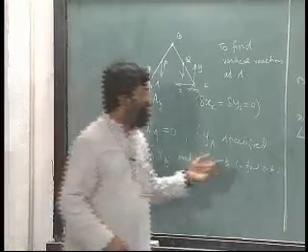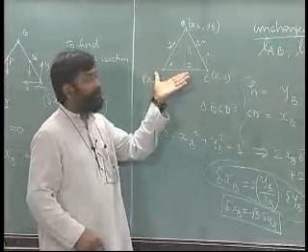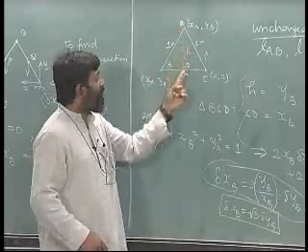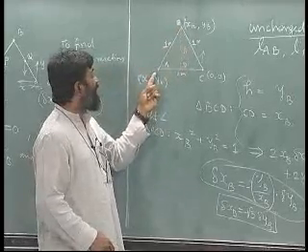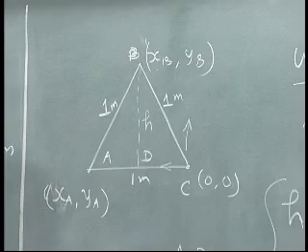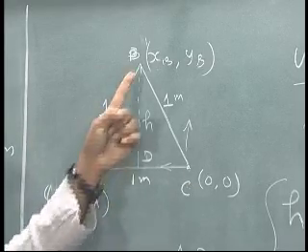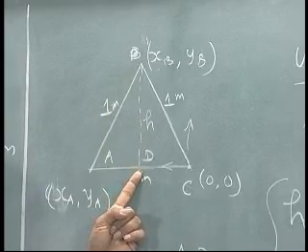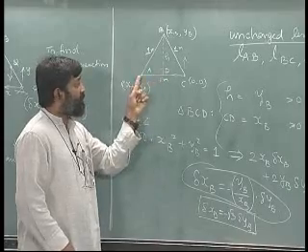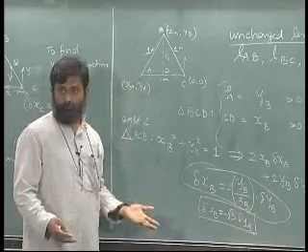So let us look at this configuration. If we take the left-hand side right angle triangle, AB remains unchanged, and in this particular configuration the height remains root 3 by 2 and this base remains half.